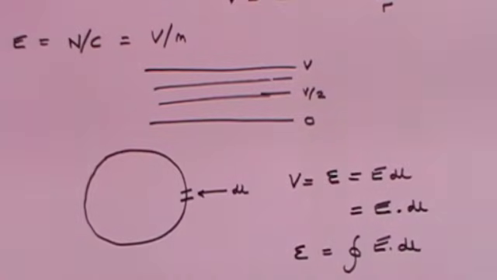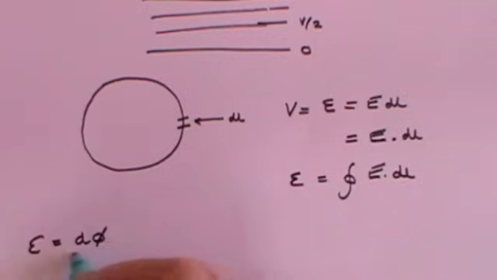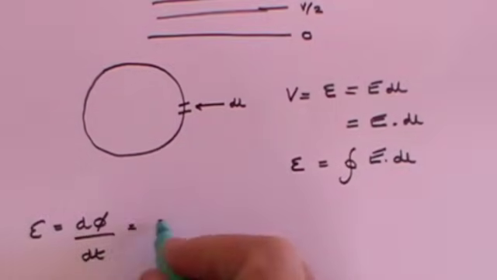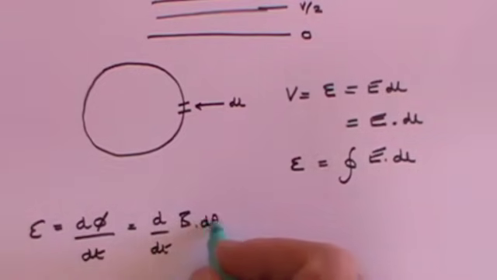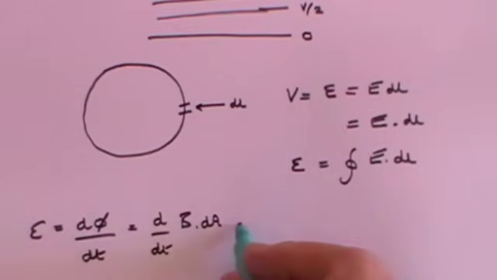And now, having done that excursion, we can go back to the equation we derived before, where we said that the total EMF is equal to the rate of change of flux, and we said that that was the same as the rate of change of B dot dA, but we've just said that EMF is also the integral of E dot dl.